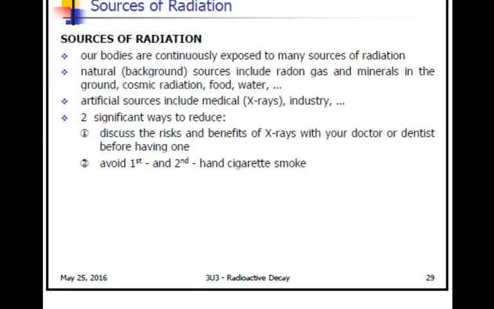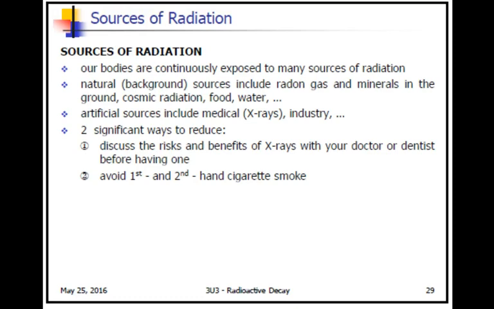So here are some sources of radiation. We have natural sources like radon gas and minerals in the ground, cosmic radiation, and food. Artificial sources like X-rays, industrial radiation, and two ways to reduce it. Try to avoid X-rays and avoid second and first-hand smoke.